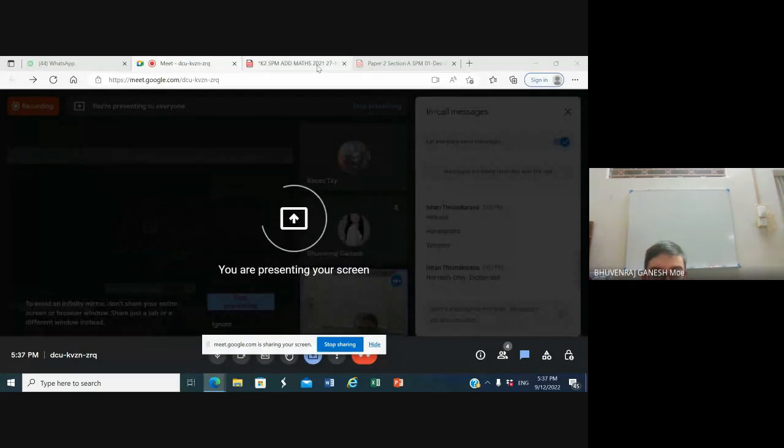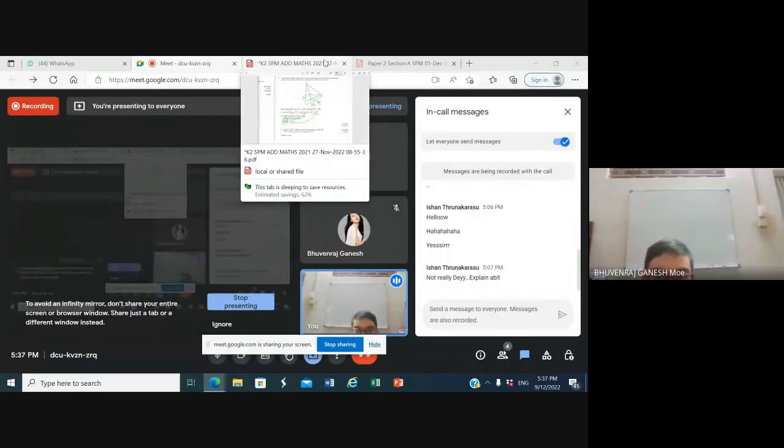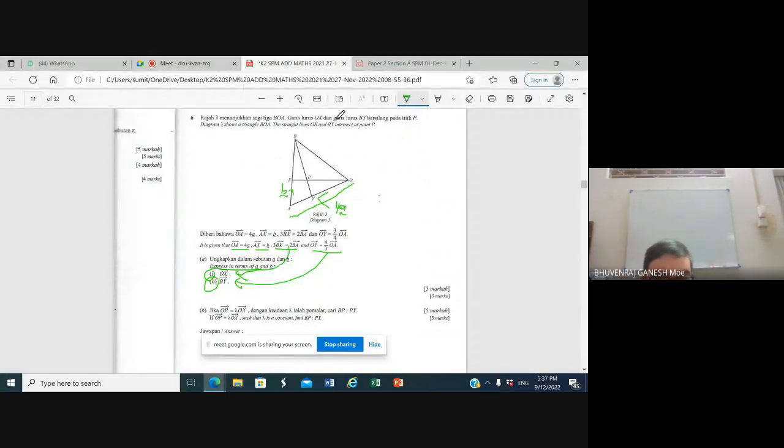So now we apply to this question. You try to solve this one first. Find OX first. How can you combine? OX is here, this way.